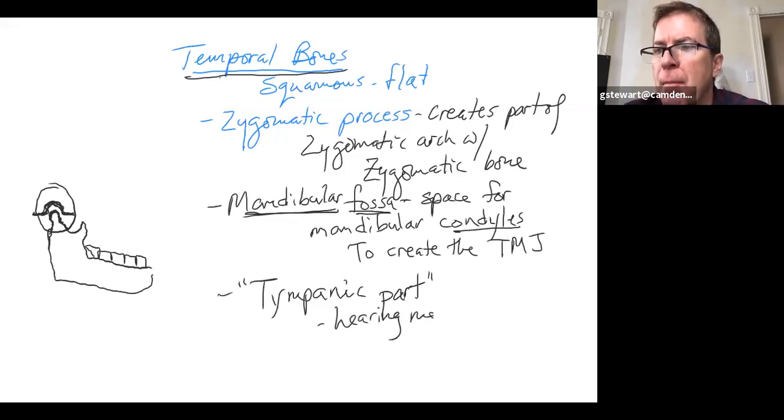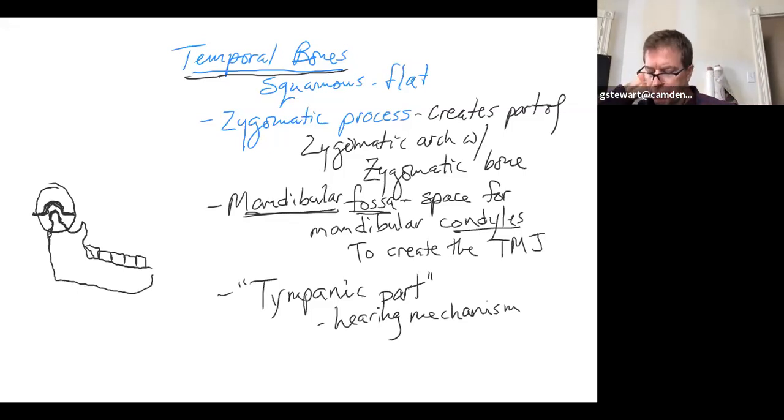I'm going to write the hearing mechanism. Hearing mechanism is located buried in the floor of the temporal bone. So we have a middle ear in there, which is an air-filled chamber where the three smallest bones in the human body are located on each side. They're called ossicles.